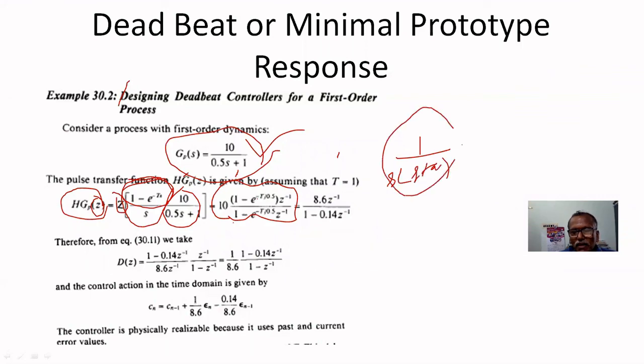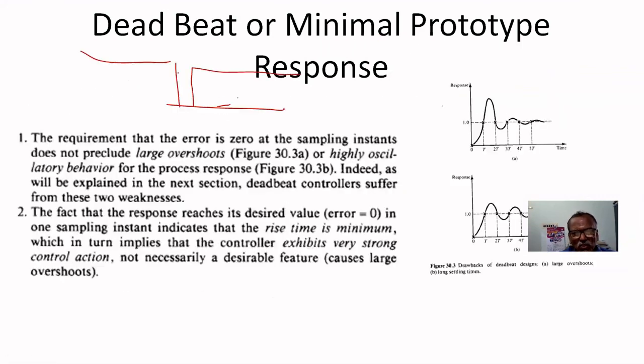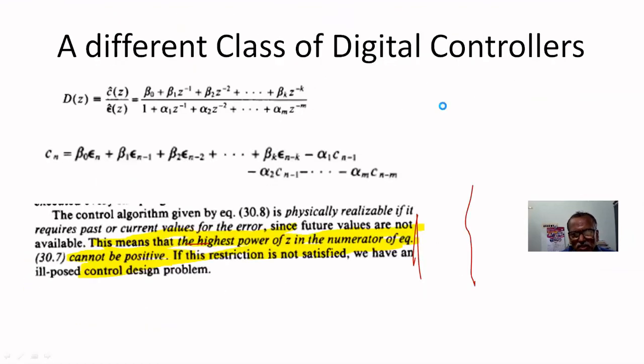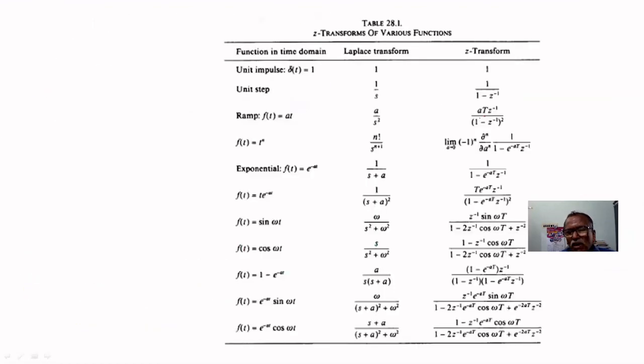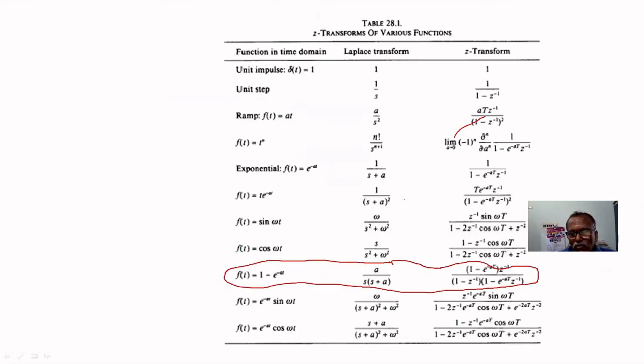That's why there is no need to do partial fractions. You can use this formula to find the Z transform. If you memorize this, that is sufficient.